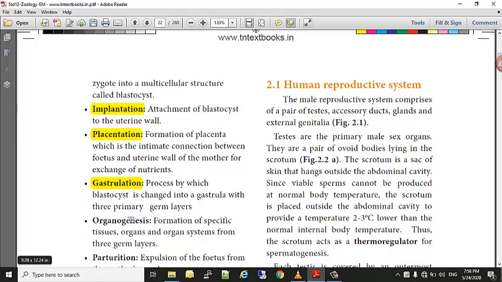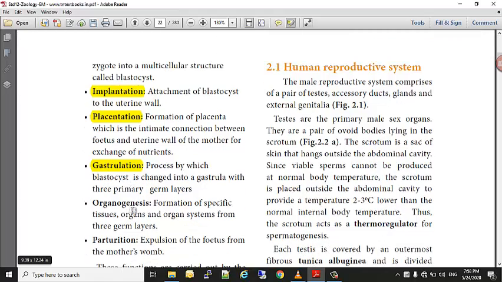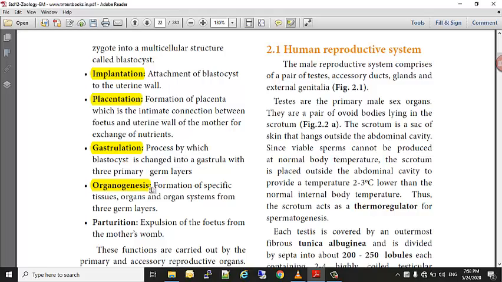I think if we study further, all this will be easy for you to understand. Next, organogenesis: the formation of organs from germ layers. The formation of specific tissues, organs and organ systems from the 3 germ layers is called organogenesis.